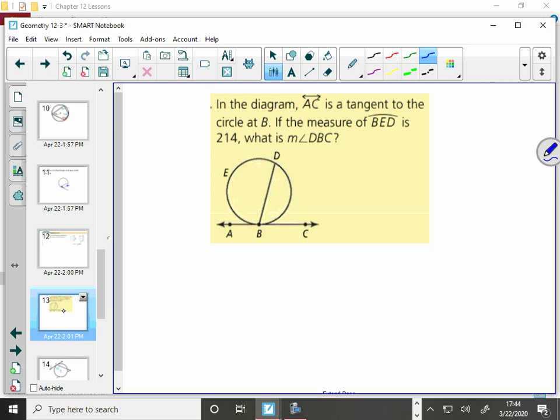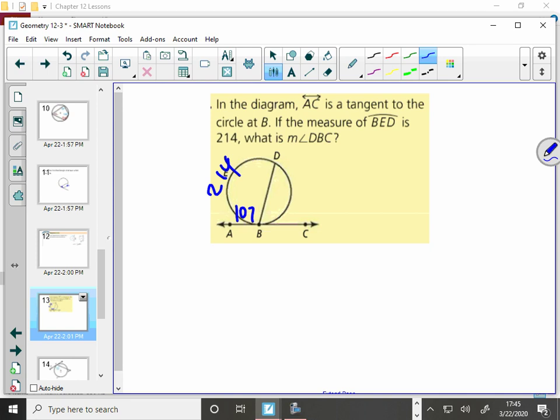So in the diagram, AC is tangent to the circle at B. If the measure of arc BED is 214, what is the measure of angle DBC? So if BED is 214, that means this angle is 107. We can find this one of two ways. That's 107, so the angle right next to it, DBC, is 180 minus 107, which is 73.